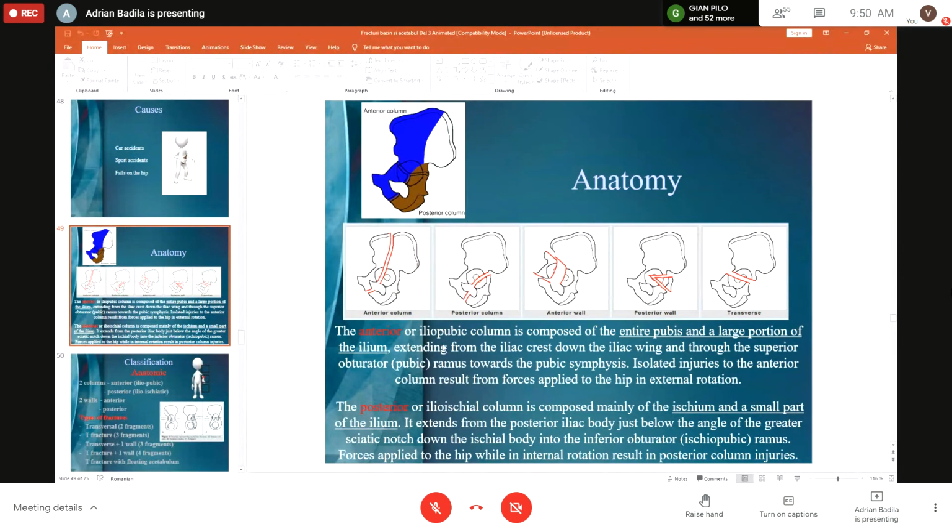The anterior, or the iliopubic column, is composed of the entire pubis and the large portion of the ilium. The posterior column, the brown one, or the ilioischial column, is composed mainly of the ischium and the small part of the ilium.